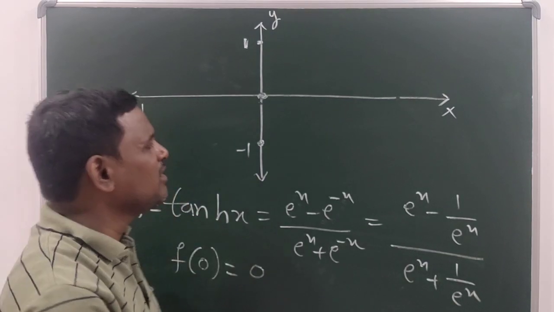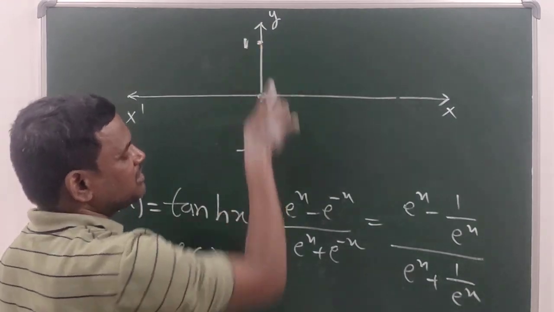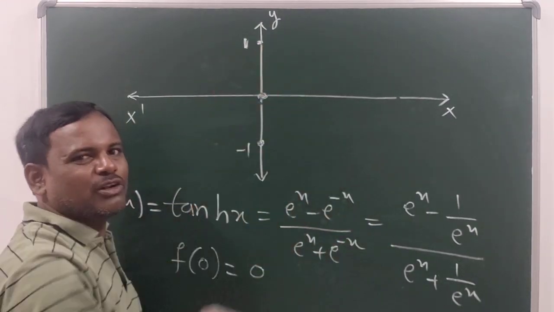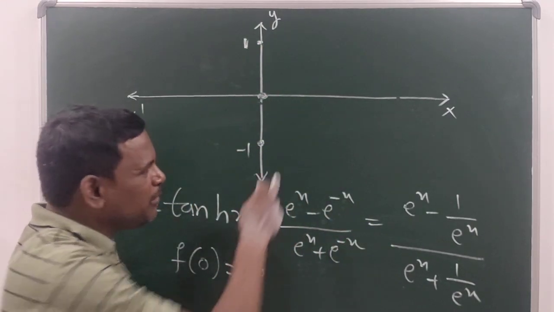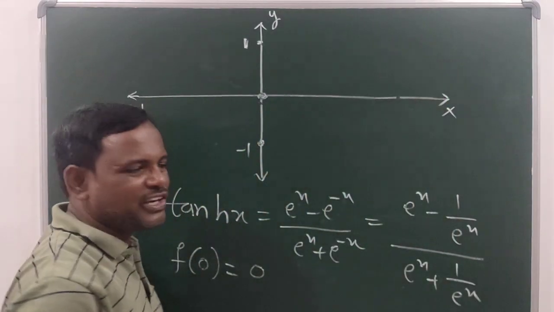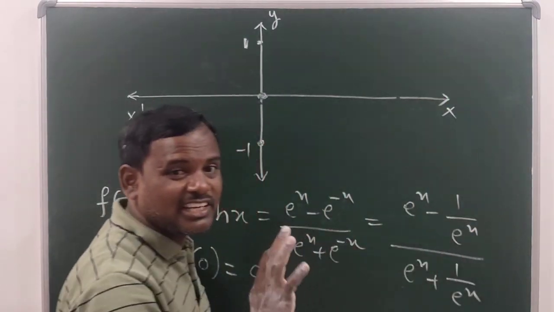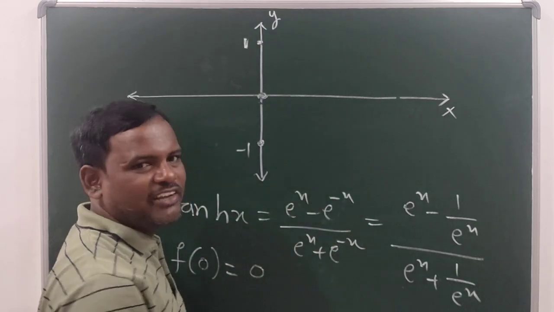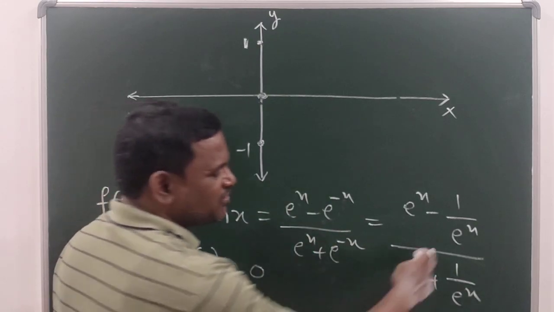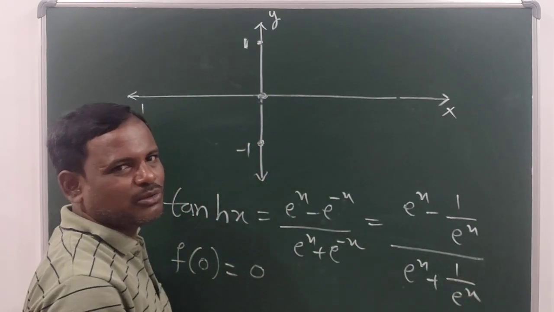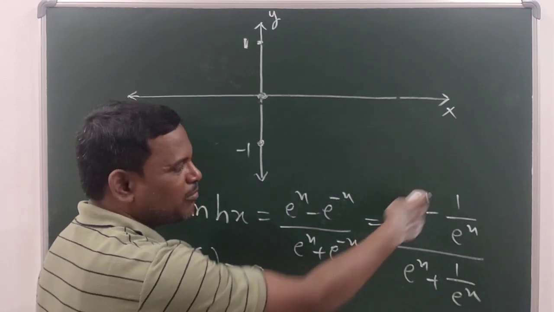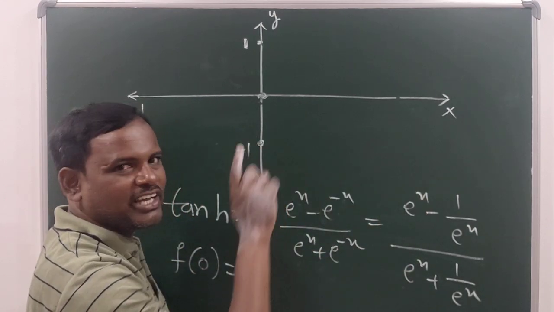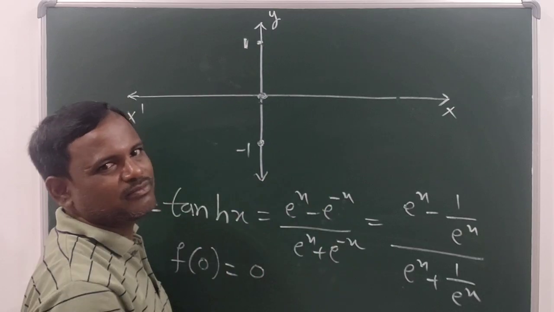So this range will be smaller than 1 only, not exactly 1. If you keep on giving positive infinity, this is not exactly 0, it approaches 0, but by default we write it as 0. This one is also approximately 0, and the same quantity will come. Don't cancel, don't say 1. It is very close to 1.